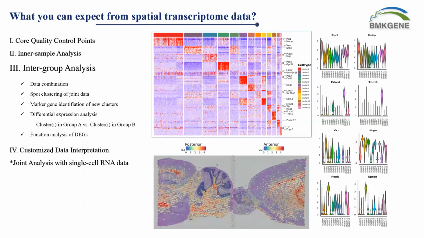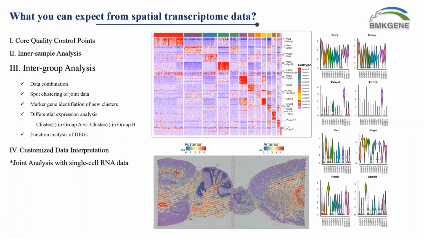And there are also very similar analyses. Like the inner sample one, we can identify the marker genes of the different new clusters that we got from the combined spots. These can also be mapped back onto the tissues to give us a better idea of where they are highly expressed or where they are more cold.